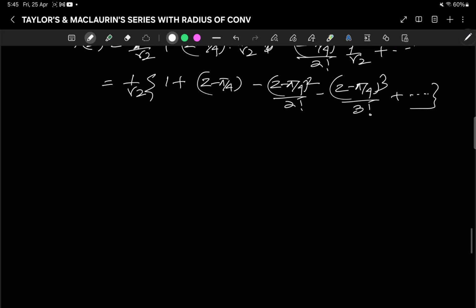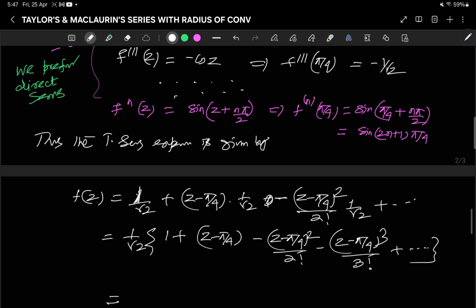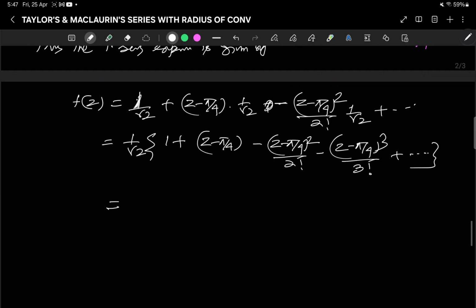Okay. So now in general I can write it as a_n (z minus z0) to the power n, or we have the summation of n equal to 0 to infinity of (z minus pi by 4) to the power n by factorial n times sin((2n plus 1) pi by 4).